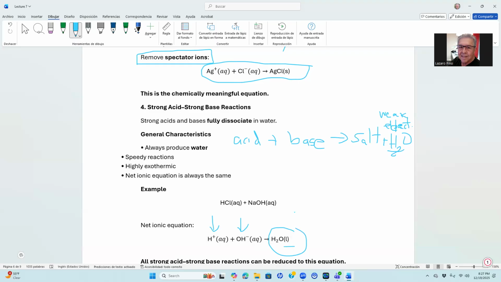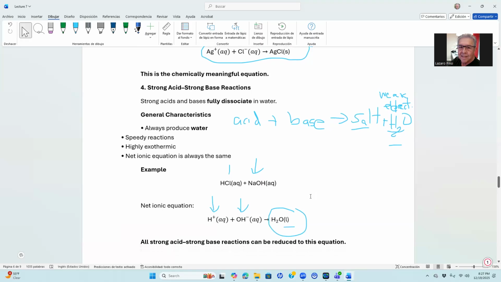This is the net ionic equation for a neutralization reaction, when an acid reacts with a base to produce salt and water. Water is a weak electrolyte and remains as a molecule. It cannot break into ions like, for example, the salt.